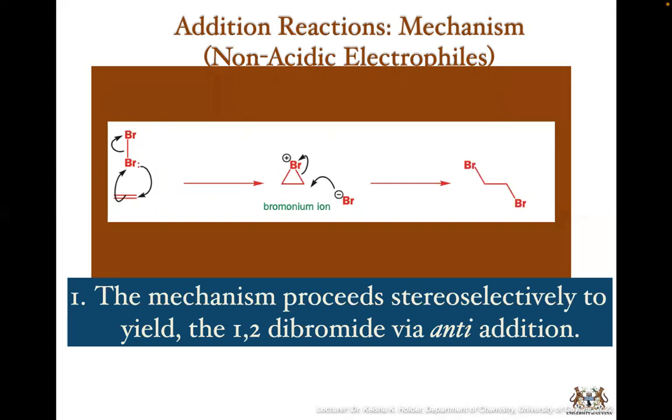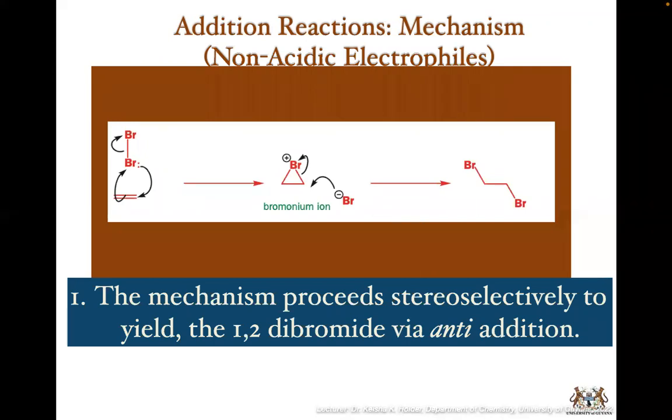The nucleophile always comes from the opposite side of the leaving group. So our leaving group is there, and it's leaving in that direction, and our nucleophile would approach from the other side, which is what's going on here.